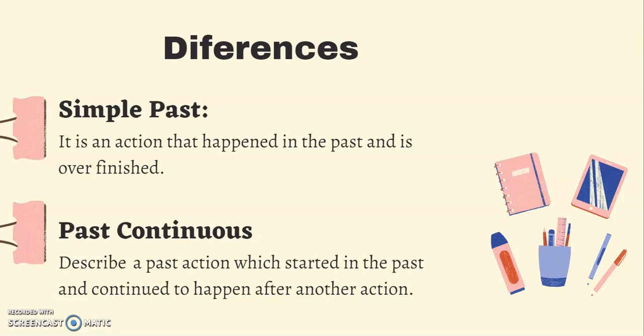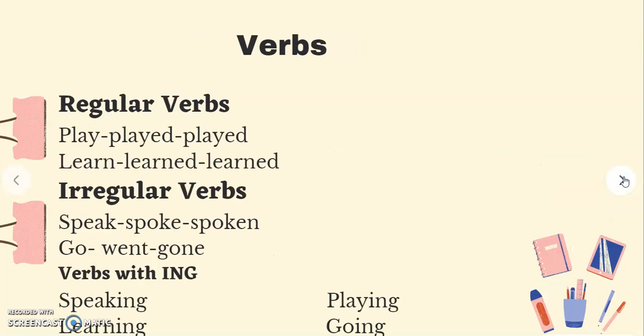In order to know more about this, we are going to learn a short list about some verbs that we can use in simple past and also in past continuous. If you see here, I have a short list about some verbs, and we have three kinds. We have regular verbs, we have irregular verbs, and we have verbs with ing.